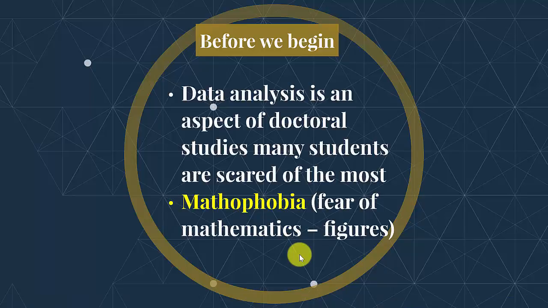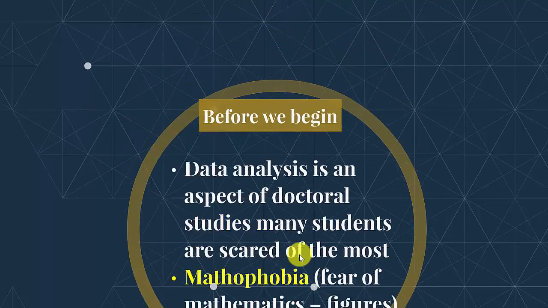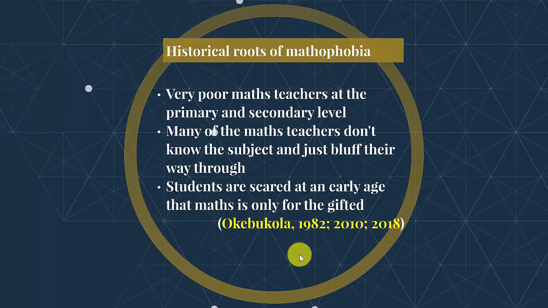That is why if you look at the number of students who are studying biology relative to physics, relative to chemistry in the secondary school system, you find that many will study biology because you have less mathematics in biology. Now, why is this so? Let's try to trace some of the historical roots of fear of mathematics.